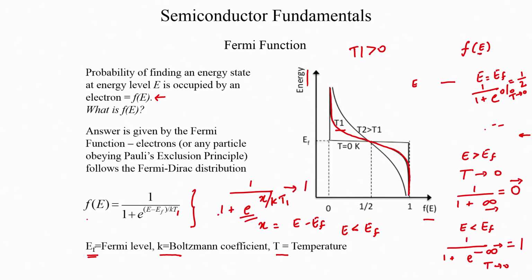So, as you head very far below Ef, the value of the function heads towards 1 asymptotically.